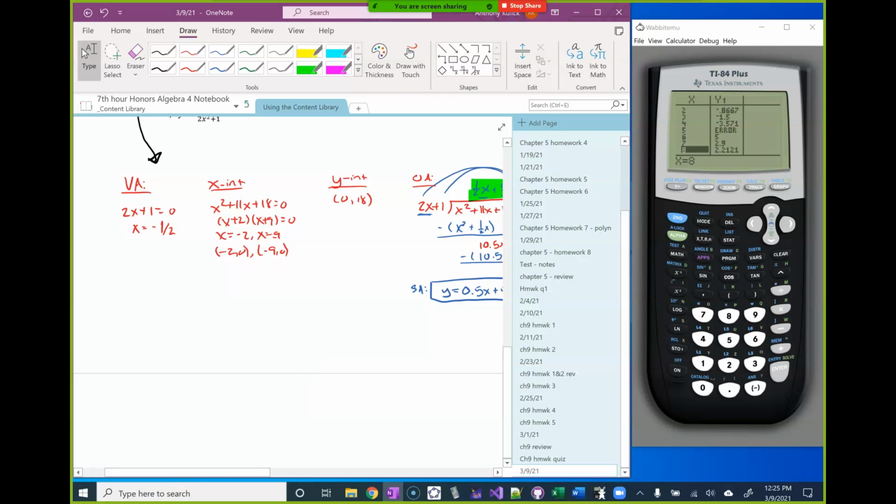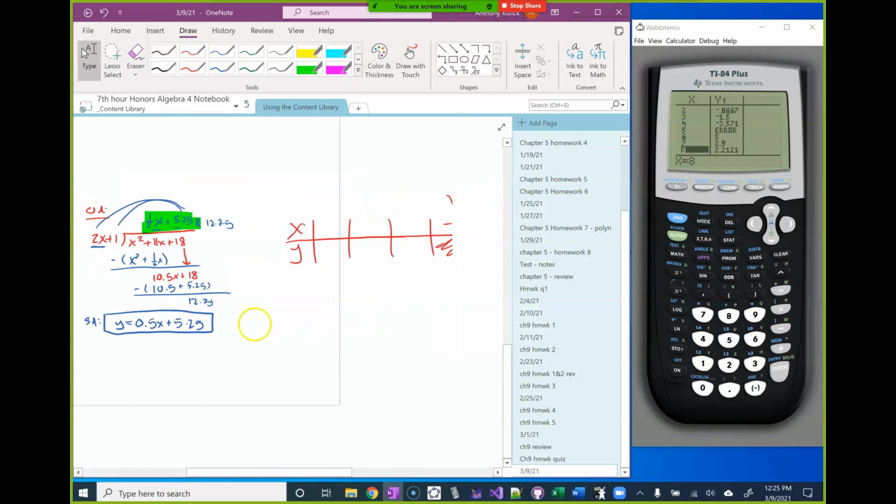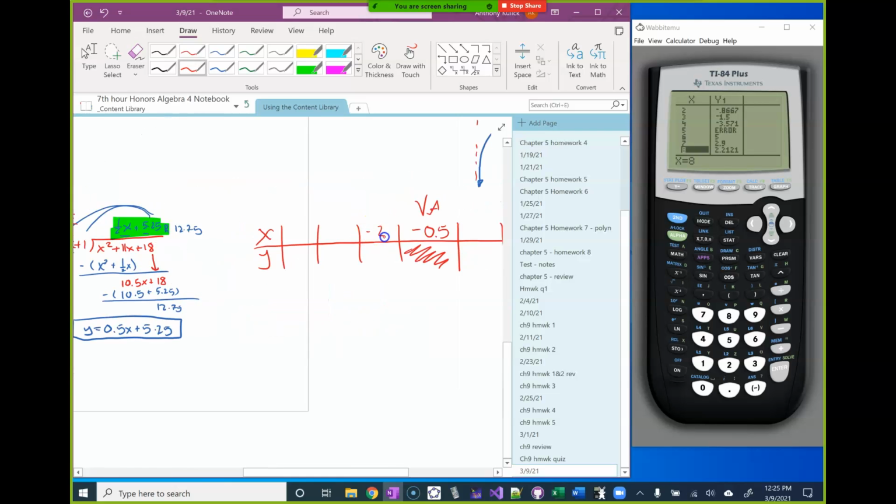I don't want to put them right next. I need to know whether the graph is like going up like this in between the x-intercepts or going down like that between the x-intercepts. But I'm basically just using them so that I can skip having to look up a bunch of extra points. And it tends to give me a really nice picture if I do incorporate them like I am doing here.